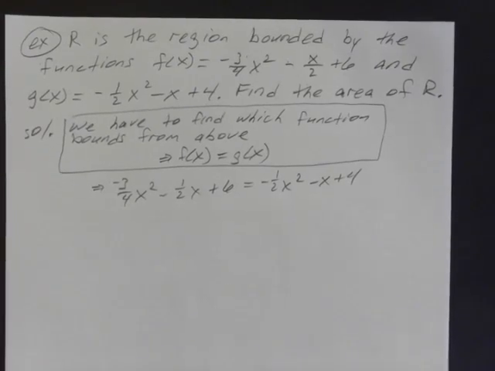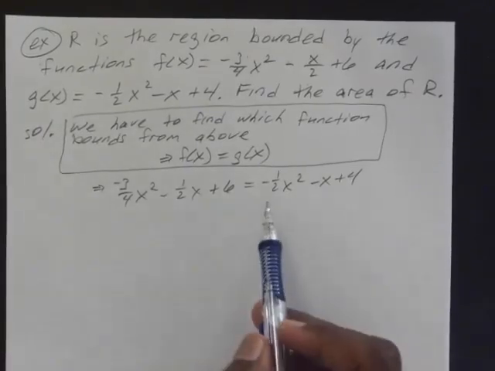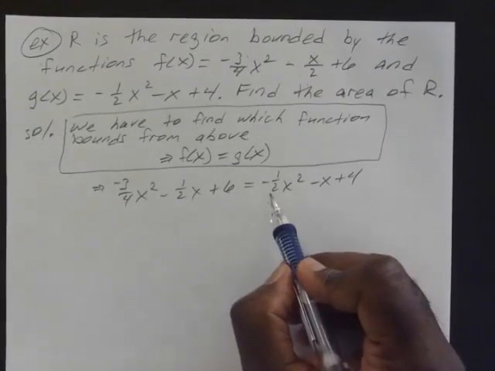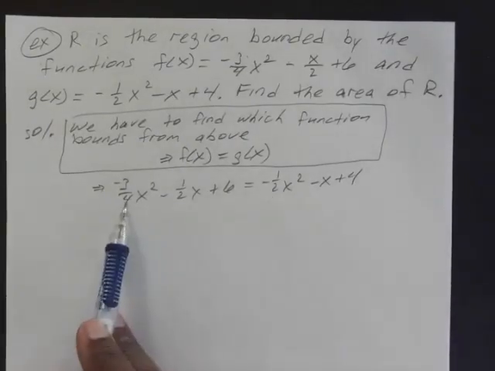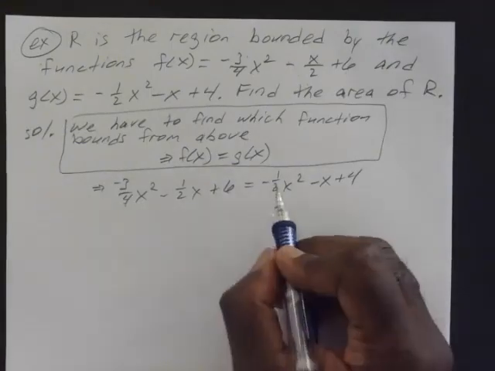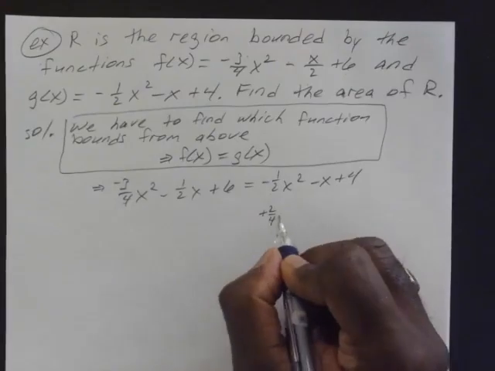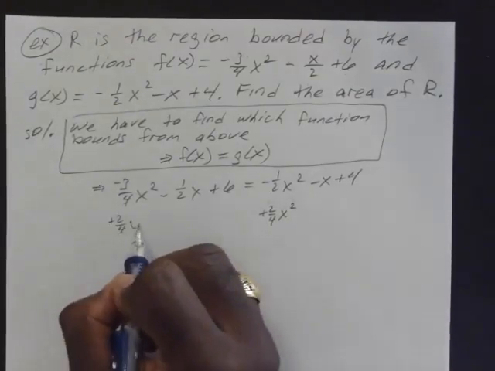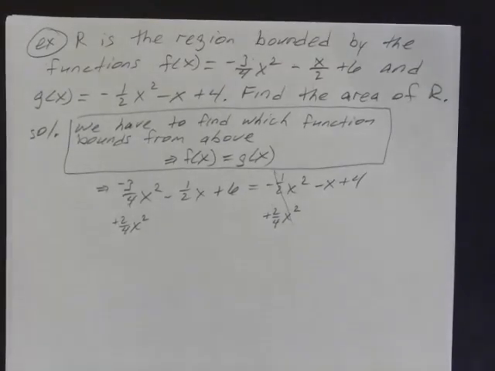Now, since we know these are both quadratic functions, we can just set it equal to 0 and then solve it that way. So we're going to add 1/2 x squared to both sides, but since this is a denominator of 4, we're going to change that 1/2 x squared to 2/4 x squared, where those two cancel each other out.